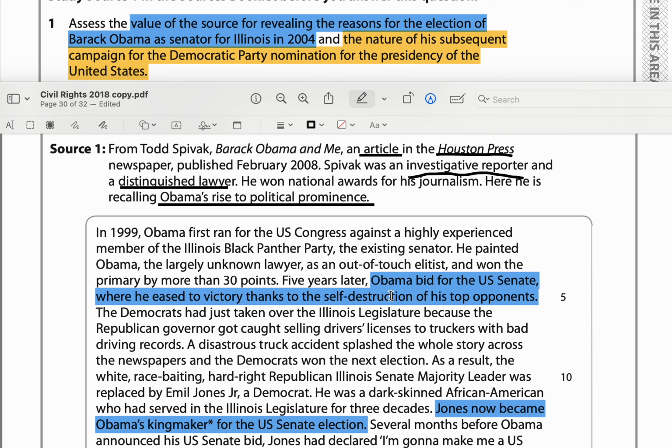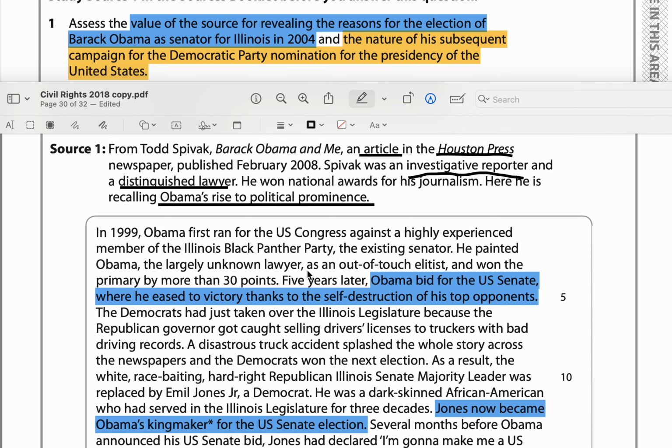It doesn't talk about the Democratic National Convention speech, The Audacity of Hope. It doesn't talk about that in 2004, which is a huge moment in both of these inquiries, right? It doesn't talk specifically about the failure of his opponents in 2008 either. So there are some limitations there, but it does have value for both.